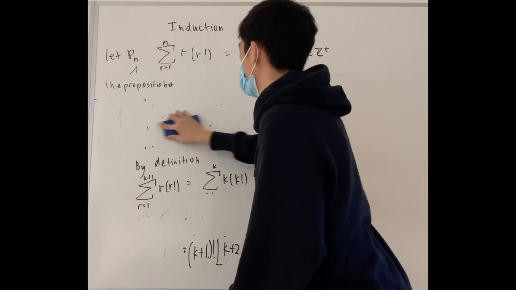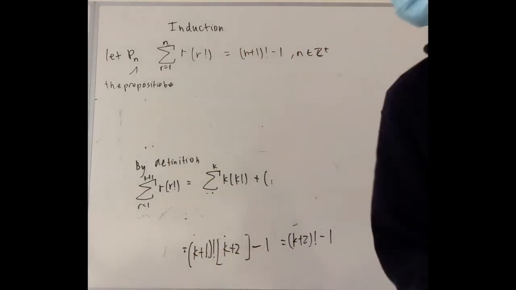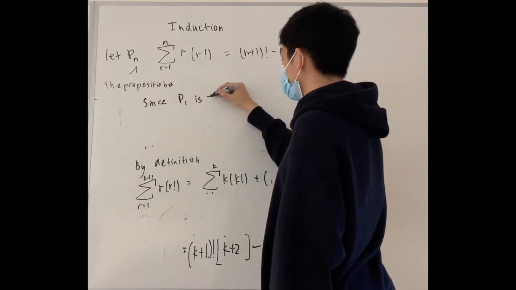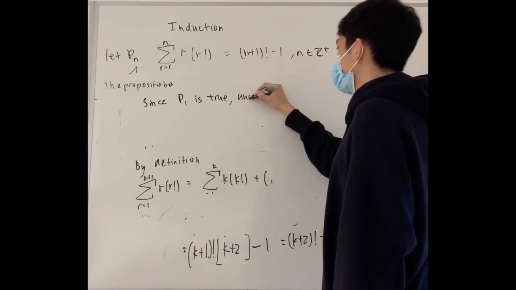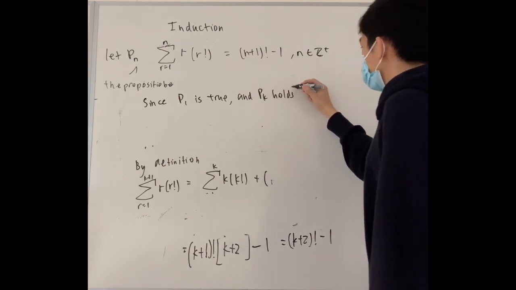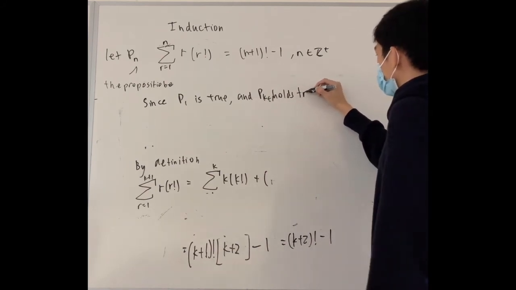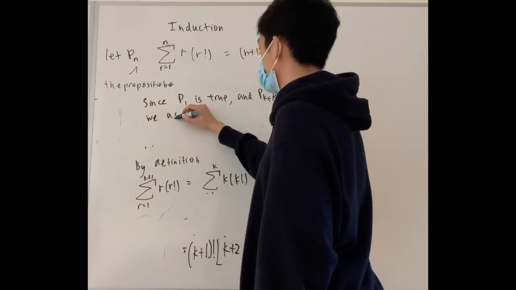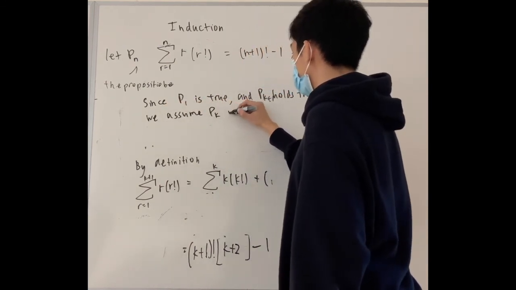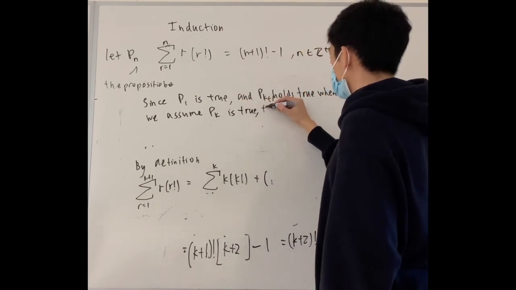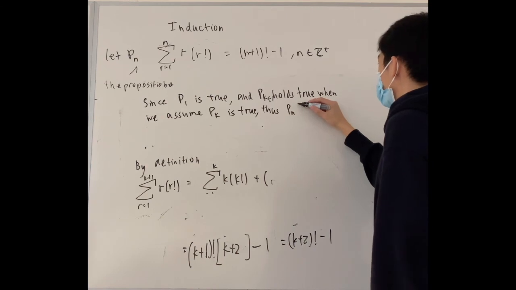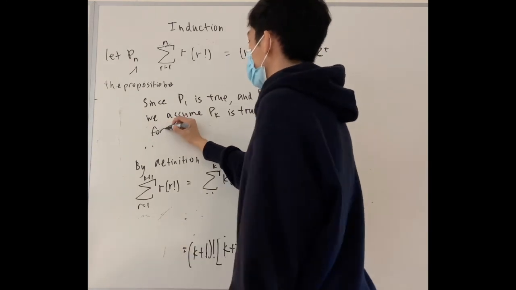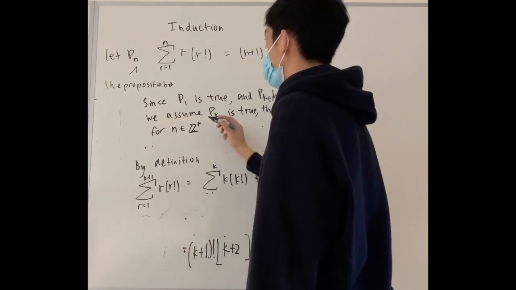So what I want to say is that since P1 is true, and Pk plus 1 holds true when we assume Pk is true, thus Pn holds true for the whole domain, for n all the positive integers. And we're done.